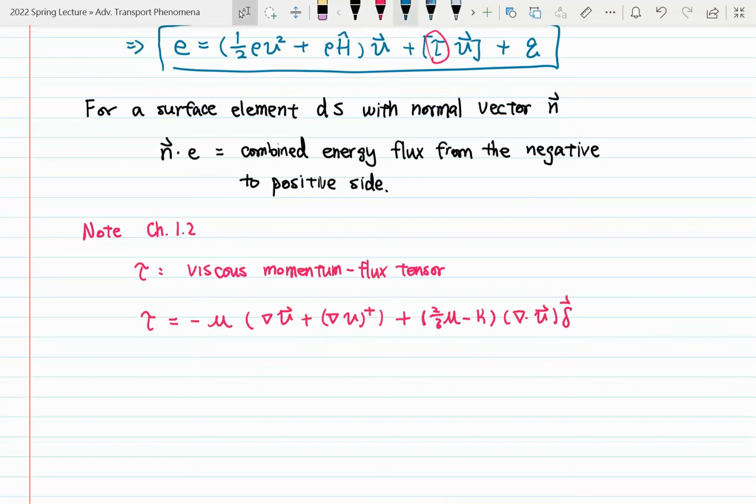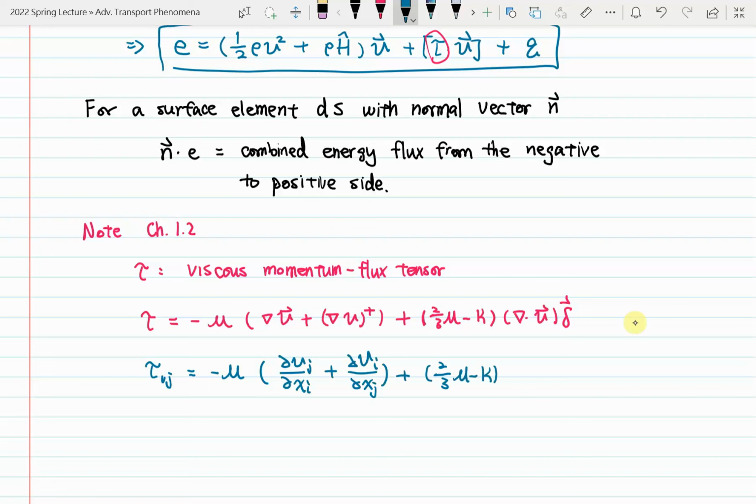Okay, so for example, if you have a stress tensor in the ij component, it is equal to negative mu times partial vj partial xi plus partial vi partial xj, plus 2/3 mu minus kappa times partial vx partial x plus partial vy partial y plus partial vz partial z, delta ij.